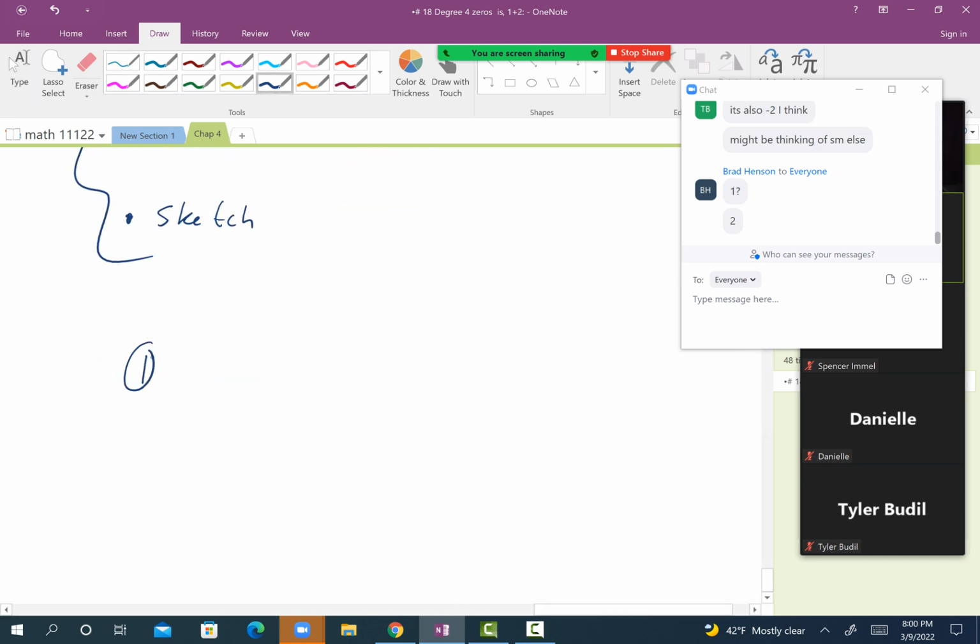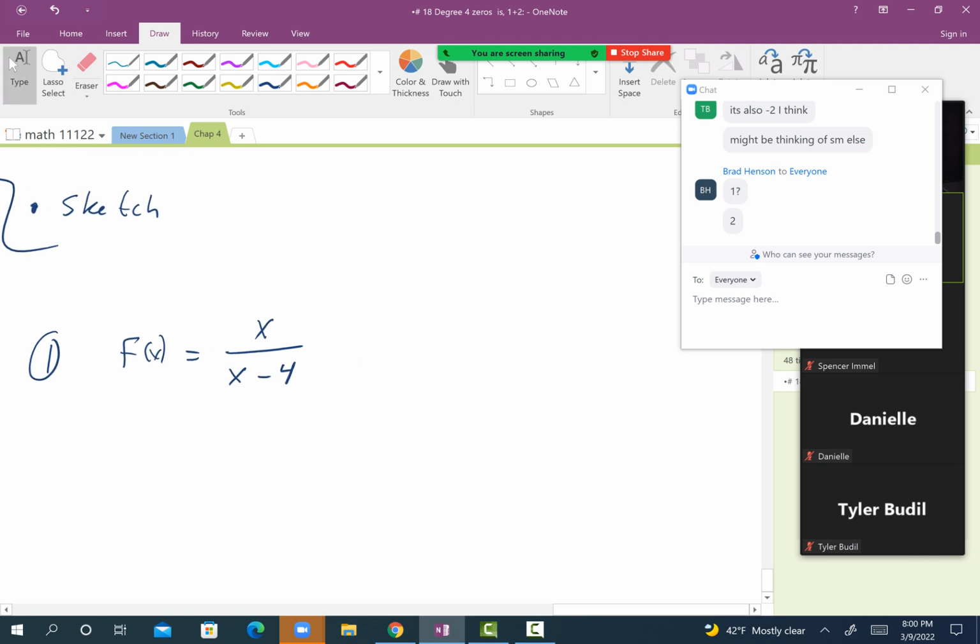All right. So let's say here we go. F of x equals x over x minus 4. So when you see this, first thing I want to say is, what about the domain? What can you tell me right now about this domain? X cannot equal 4. Yep, x cannot equal 4.